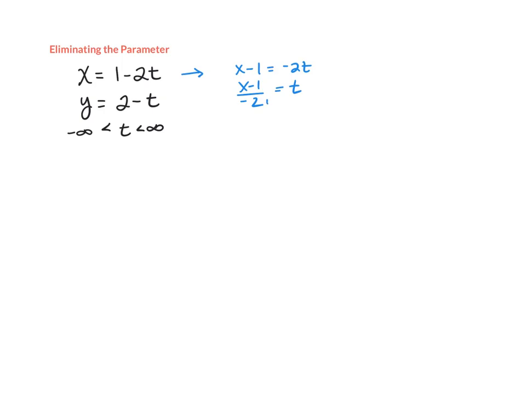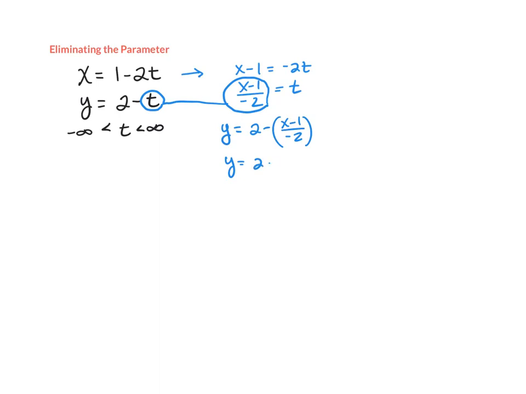So now we're going to take that value and plug it in for t in the y equation, which will give us a new equation, y equals 2 minus, and instead of t, we'll substitute in x minus 1 over -2. Let's simplify that.